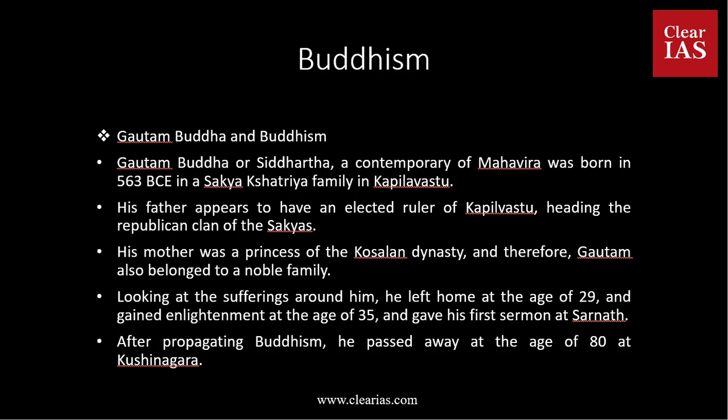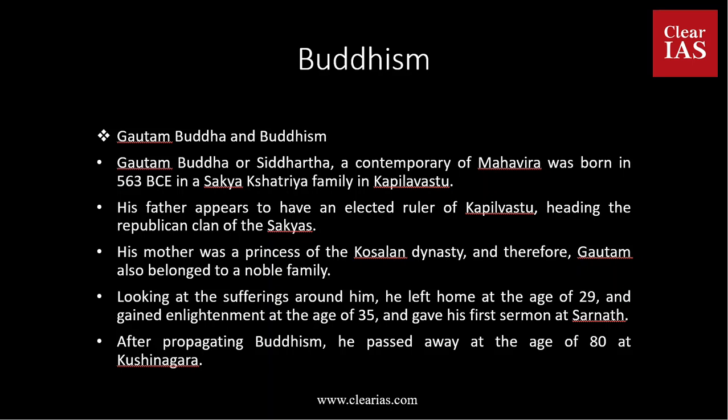So, the lives of Gautam Buddha and Vardhaman Mahavira have been very similar to each other, because Vardhaman Mahavira also left home around the same age, and Gautam Buddha gained enlightenment at 35 and gave his first sermon at Sarnath.